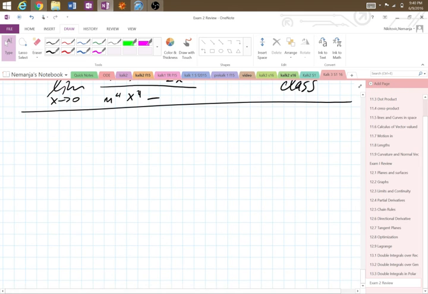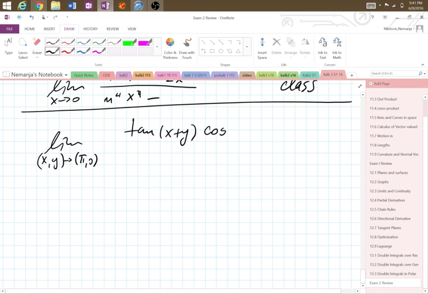What do you have? As x, y approaches pi comma 0. So limit x, y goes to pi comma 0 for tan xy plus cosine xy all over 4x. Tan xy. Okay. And then cosine xy.